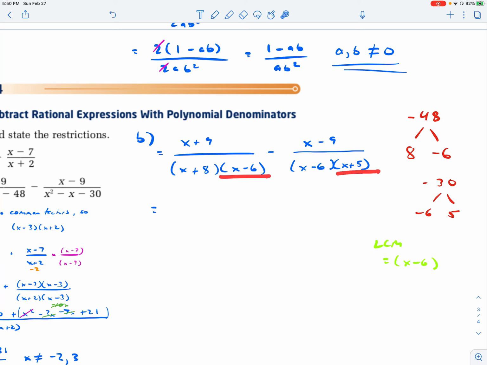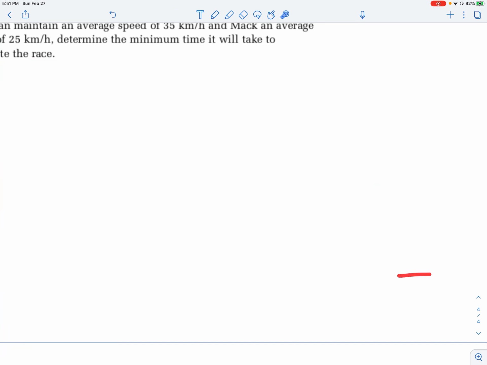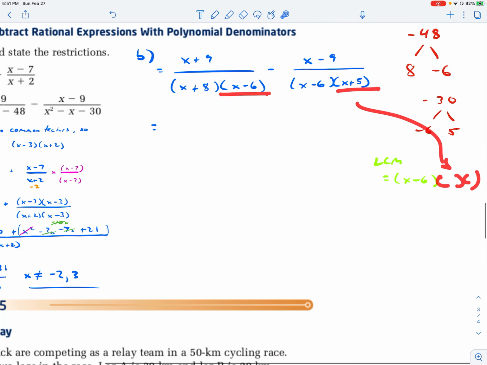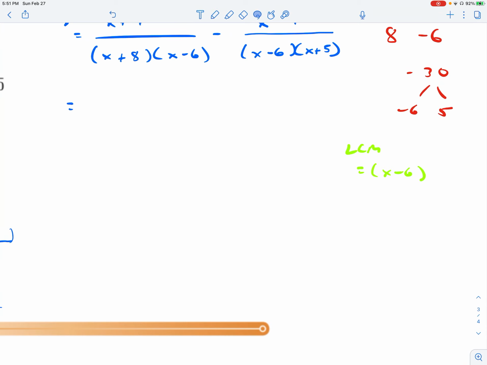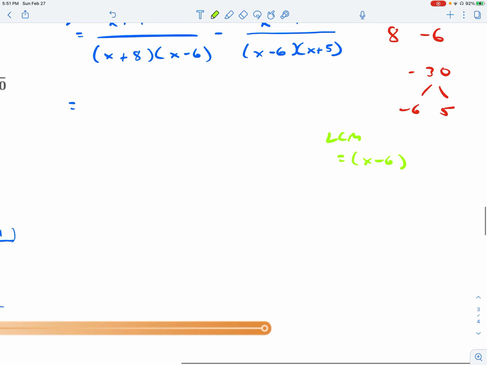So if I include those in here, both of them, then that will become my lowest common multiple. Okay, so over just a bit. So we will have to use an x plus 8 and then an x plus 5. So all three of these terms are needed for my lowest common multiple.